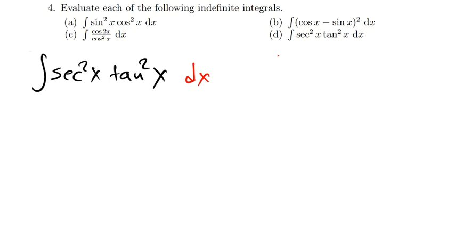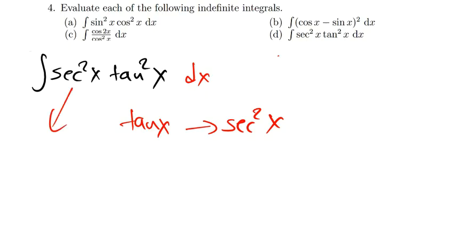So I know that if I was to differentiate tan of x, it's going to give me secant squared of x. If I was to differentiate the other one, it's going to be probably sec x tan x. Now I want something that will exactly match up the other one. So you've seen this.